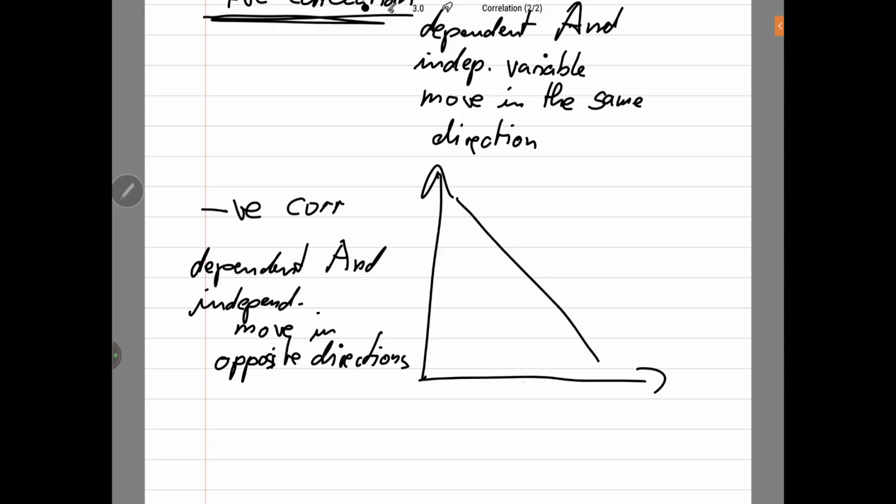In our case, the larger our independent variable becomes, the smaller the dependent variable becomes. Yeah? And we can have a third case.